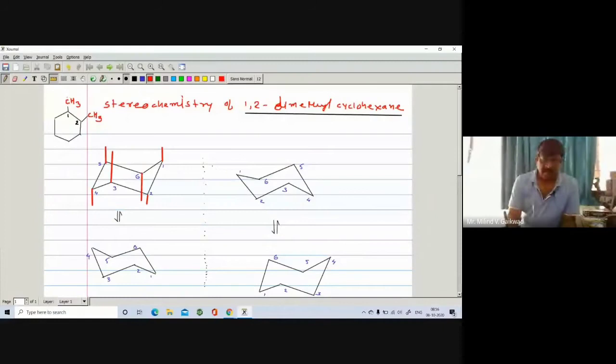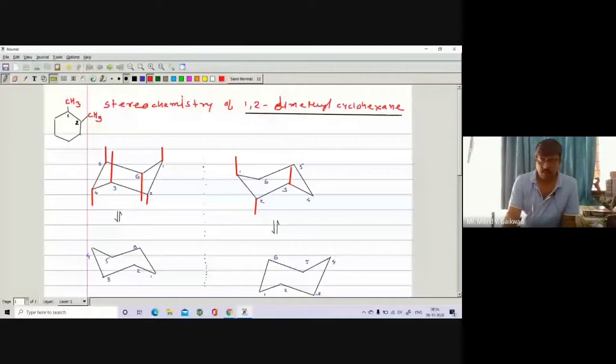Similarly, we can draw the mirror images. Here is the plane: 1, then 2, 3, 4, 5, 6. Similarly, on this one, we can draw the axial and equatorial bonds.